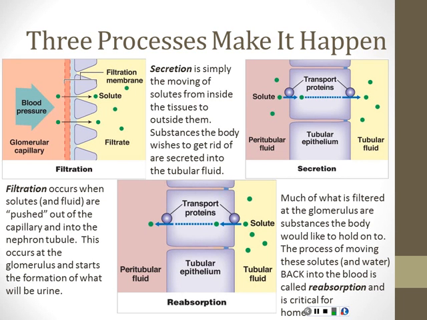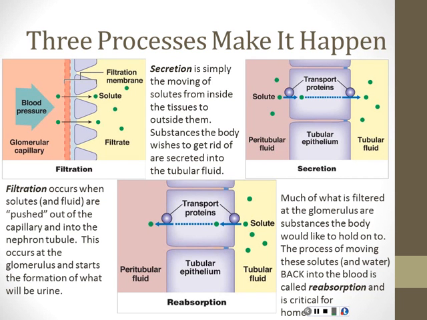And this is where stuff that's filtered, remember, so like water, for example. Water gets filtered, so it enters the tubular fluid, but water is something we want to hold on to. So in this very first part of the proximal convoluted tubule, we get a lot of this.